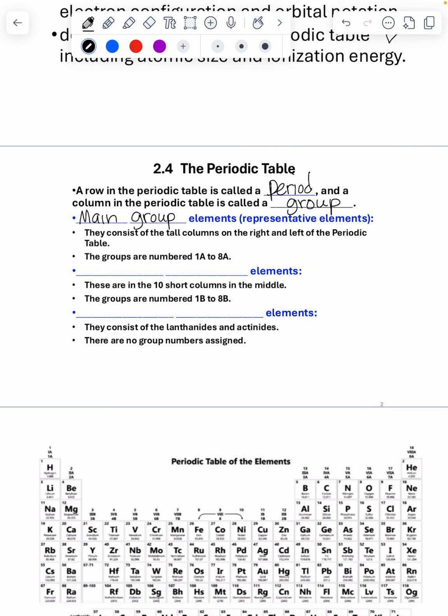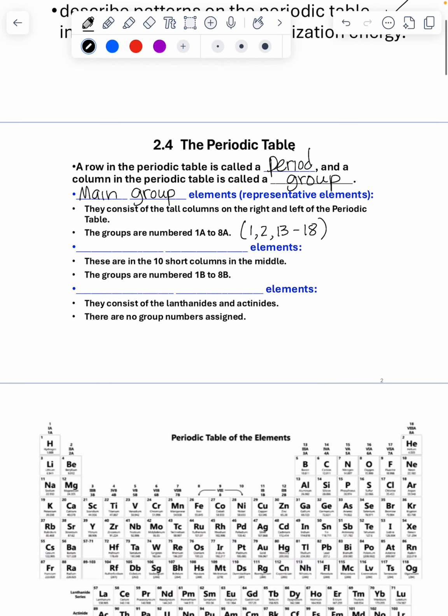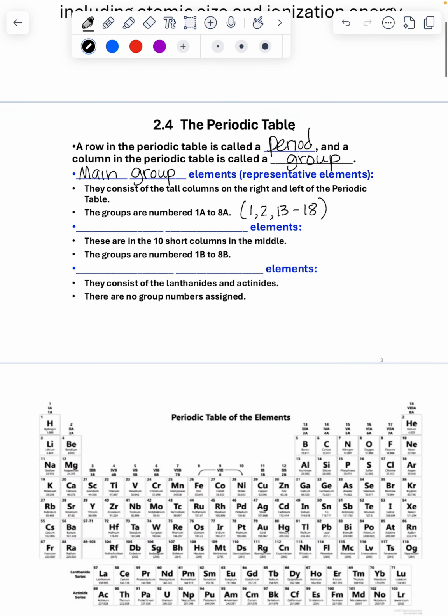And they are numbered 1A to 8A, or most modern periodic tables just number the groups 1 through 18. So with that kind of numbering, it would be 1, 2, and then 13 through 18.